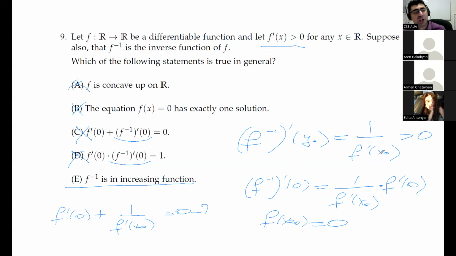So is 1 over f prime. 1 over f prime is strictly positive, so the inverse function is always increasing. Derivative of inverse function is always positive. Inverse function is a strictly increasing function. So we have this, the correct answer.